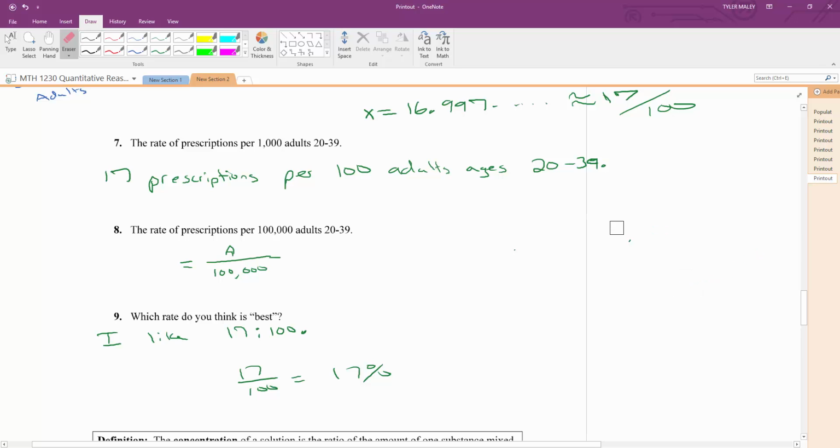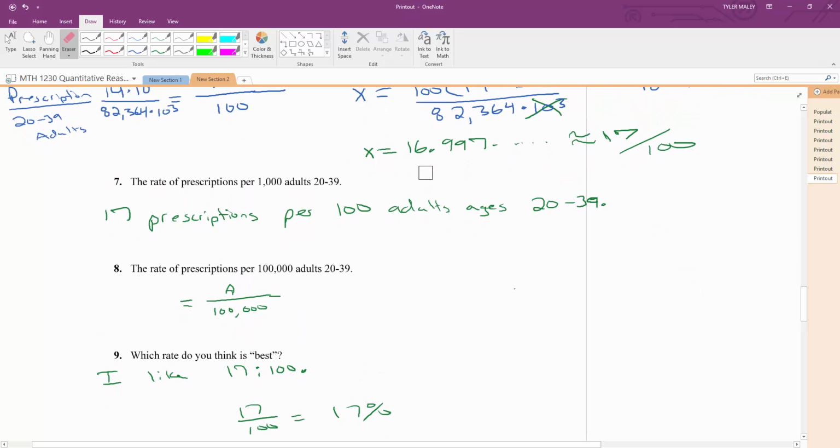You could have simply used more decimals. Up here we got a bunch of decimals, so you may have used some more decimals, like 16.9977, for example, and then put this over 100 and then converted, and you end up getting A is equal to 16,997.7.